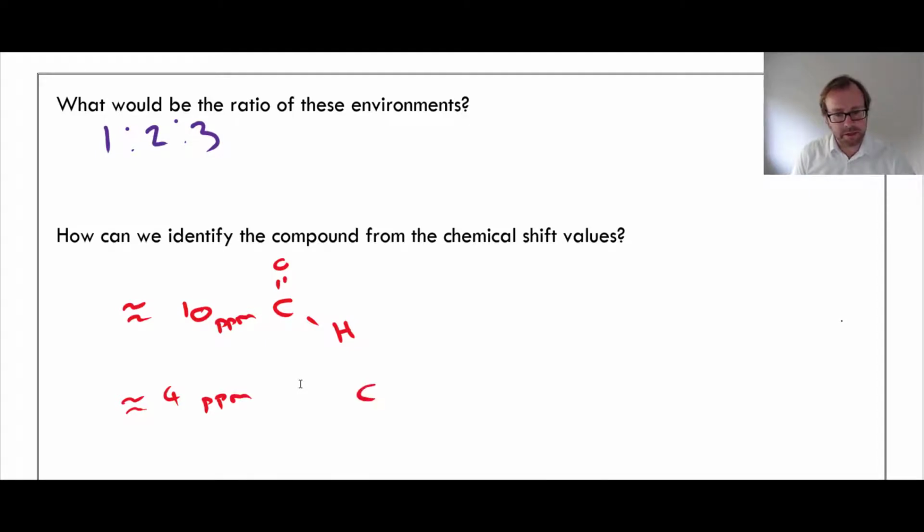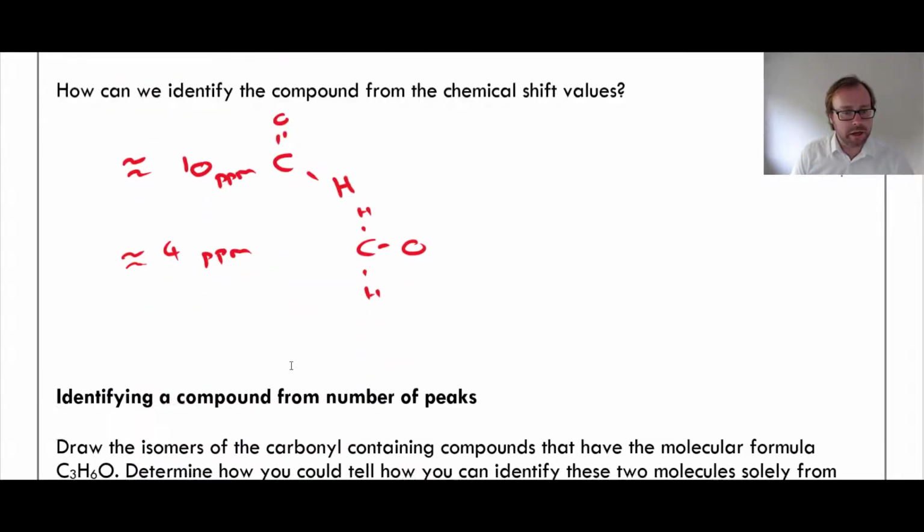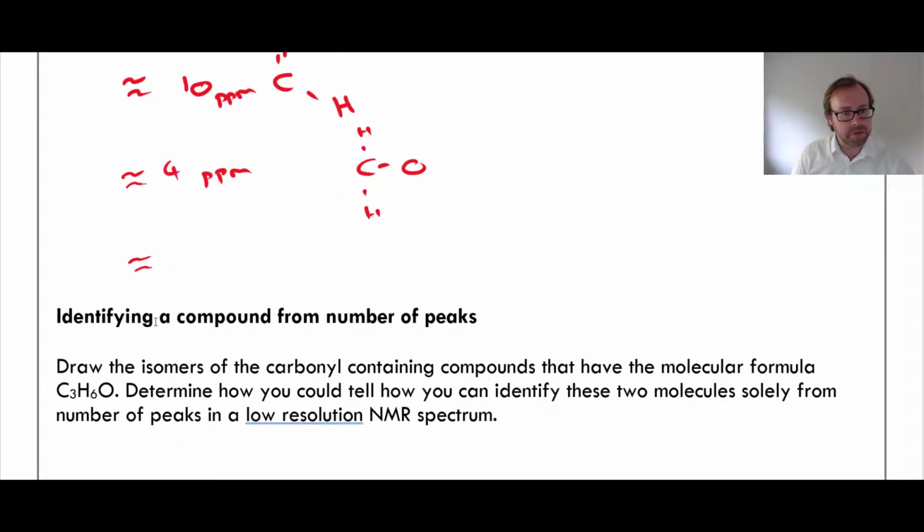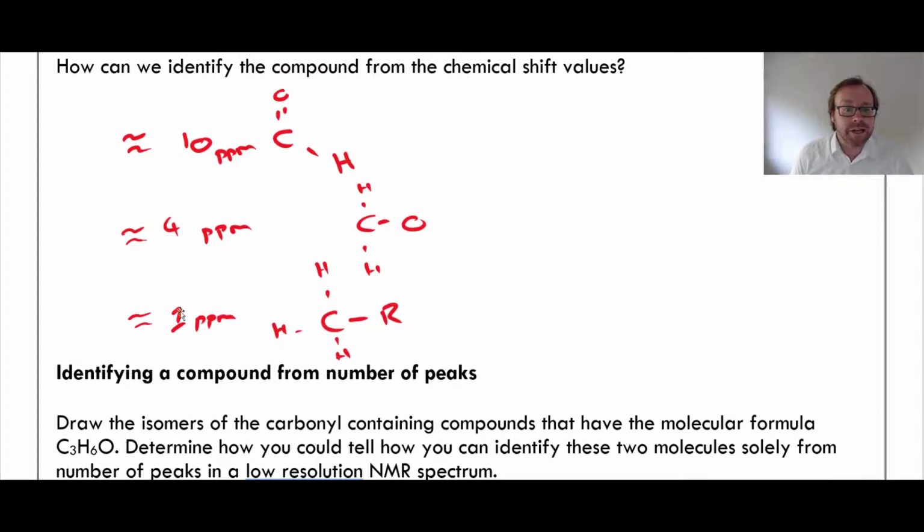is going to be my CH2O, and the one around 1 ppm is going to be my CH3 attached together. I can now attach these together, so I will start with my CH3.